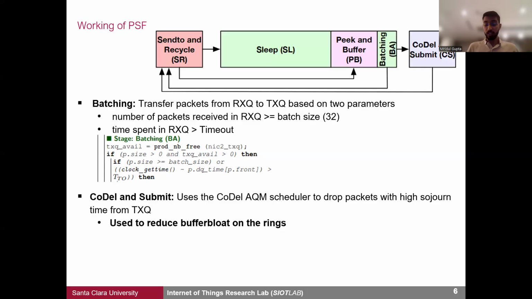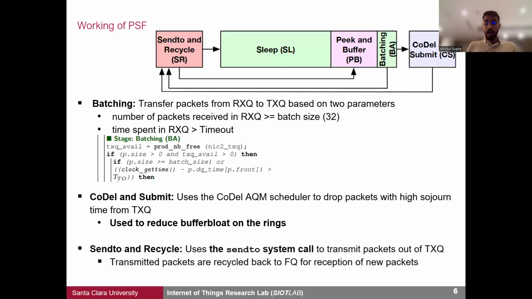The sojourn time with respect to AirXDP is the time from when the packet arrived in the XDP redirect program to the time just before it was added to the transmit queue. This helps in reducing the buffer bloat that would be experienced across the four queues in case of ingress and egress rate mismatches.